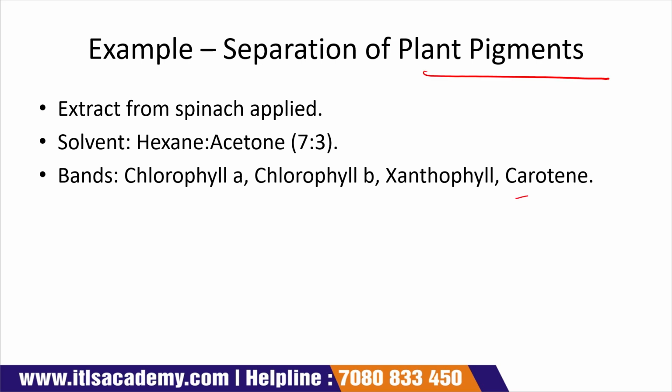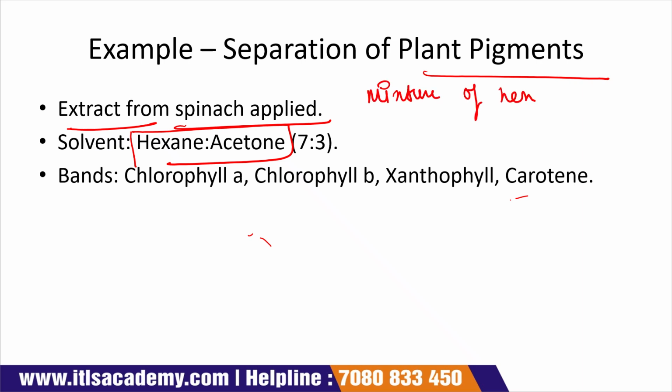Next is your example: separation of plant pigments. Extract taken from spinach is applied. The solvent that we use is hexane and acetone, a mixture of hexane and acetone at 7:3.